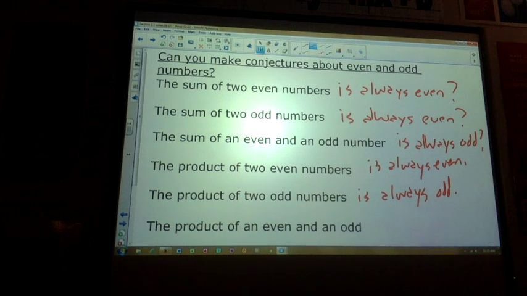The product of an even and an odd. So 4 and 5 is 20. What about product of an even and odd? Even and odd gives us always an even? 2 and 3? 6. 2 and 7? 14. 2 and 9? 18.